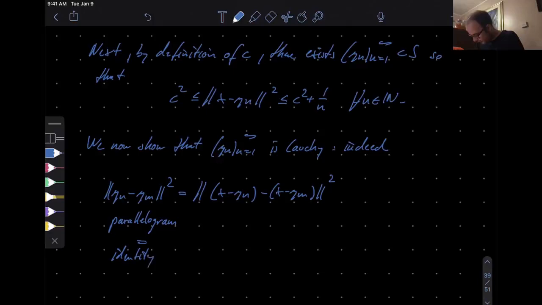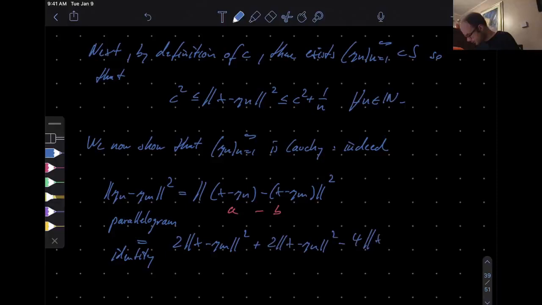Maybe up front one would be tempted to use sort of triangle inequality, but that unfortunately doesn't get you to the finish line. So let's use the parallelogram identity. So you can easily check that this is equal to, right, so parallelogram identity here is a minus b, and then there's a relation to a plus b in norm squared. So we have this plus 2 times x minus yn squared, and then minus 4 times x minus a half yn plus ym squared.